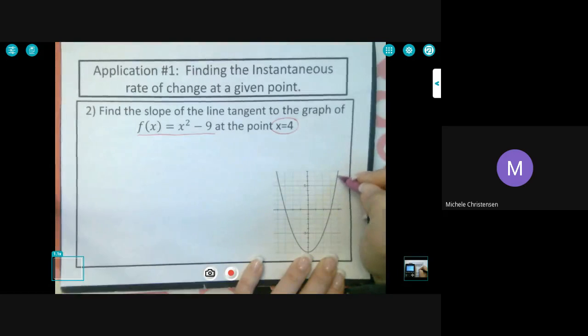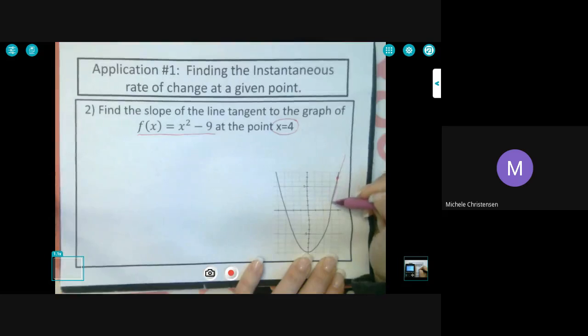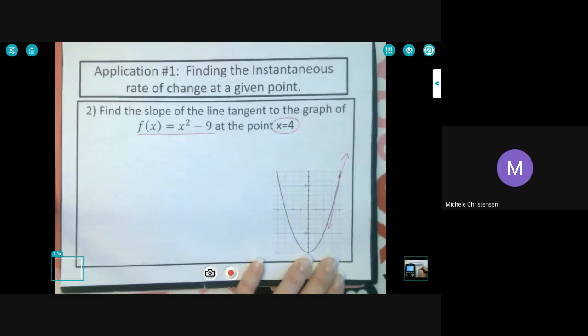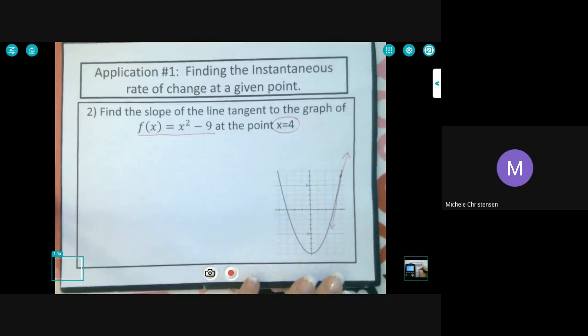Here's x equals 4 on that function. And if we had a line tangent to that 1 point, it would look something like that. And we want to know, what is the slope of that line? That's what we're going to be solving here, the rise over run of that line.